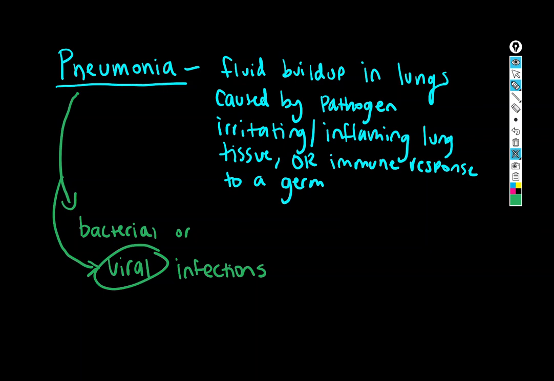So on their autopsy report, it would be written that their proximate cause of death was suffocation due to pneumonia, but their ultimate cause of death was the coronavirus that caused the pneumonia.